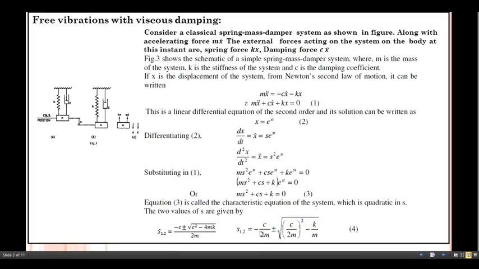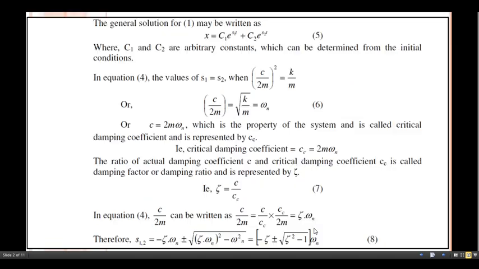So minus zeta into omega n will come here, plus or minus, again inside the bracket zeta into omega n whole bracket square, minus omega n square will come.